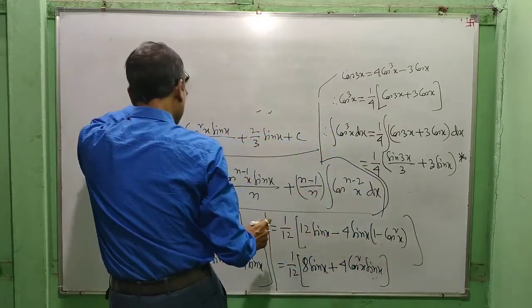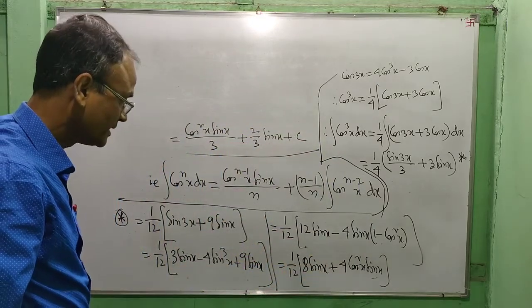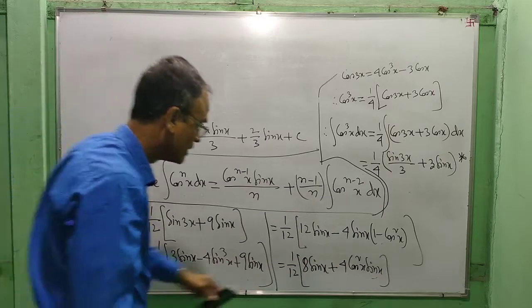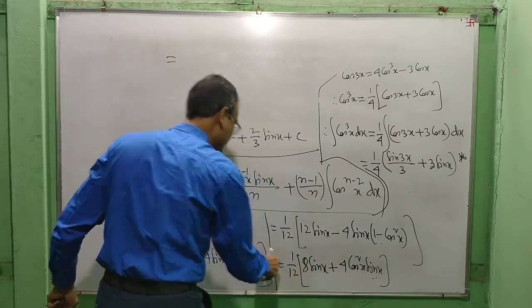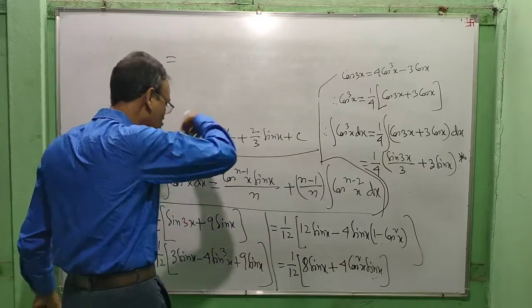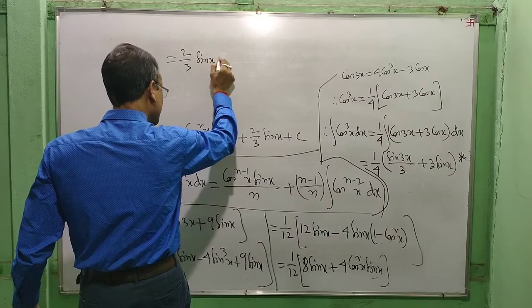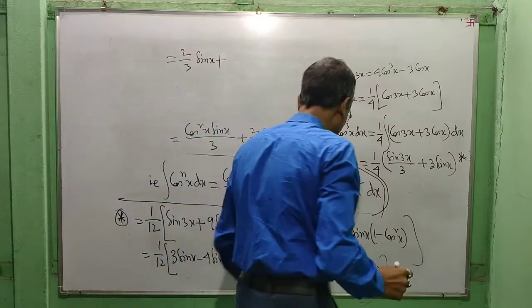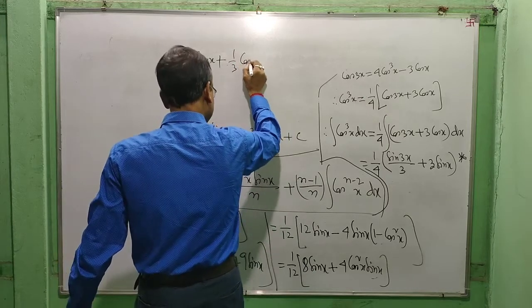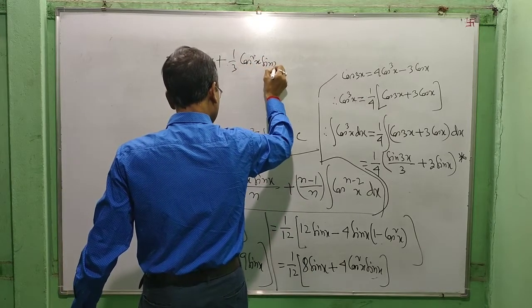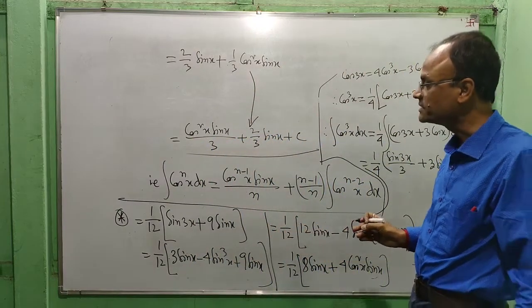Now, which is equal to 8 by 12, means 2 by 3 sin x, plus 4 by 12, means 1 by 3 cos square x sin x. This is nothing but this result.